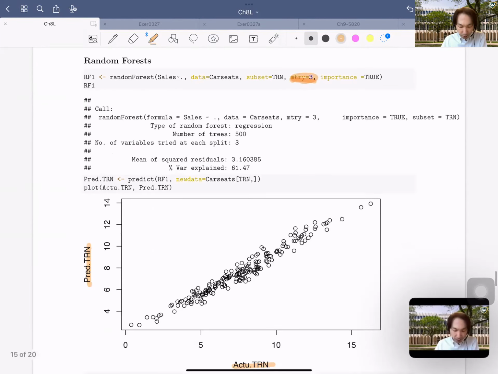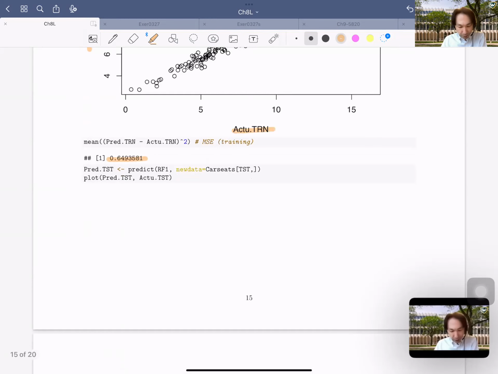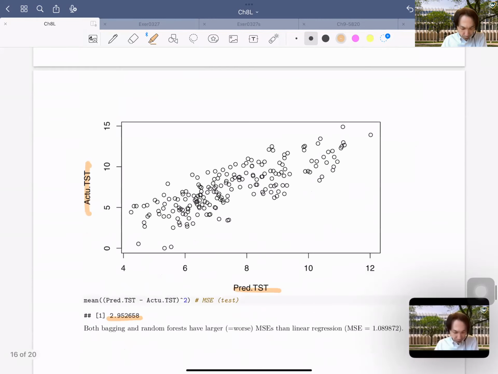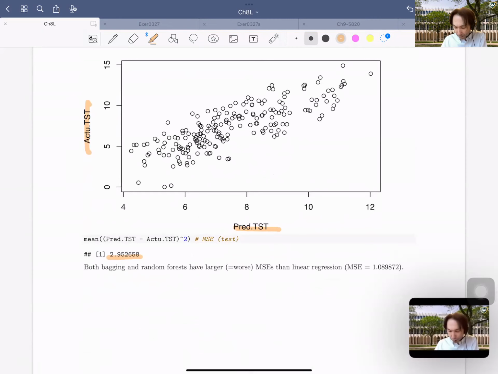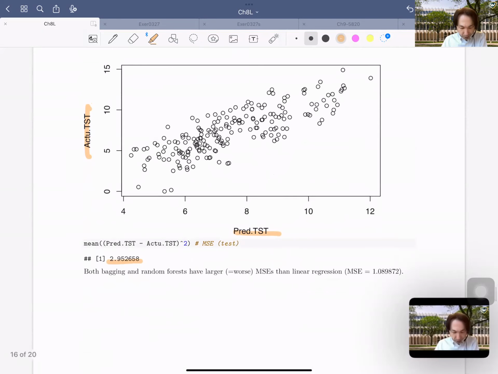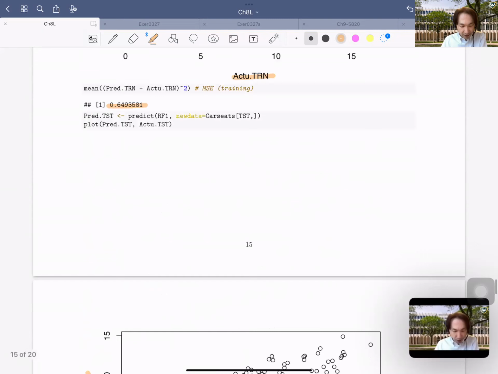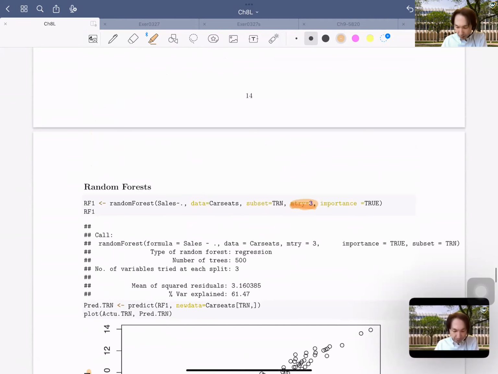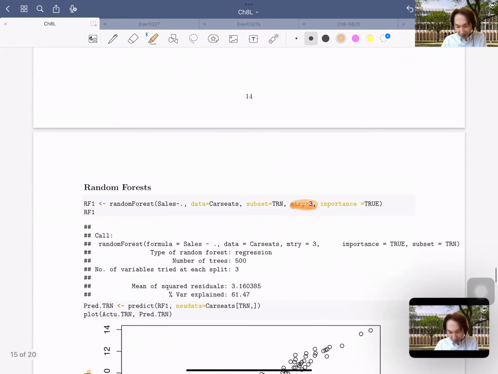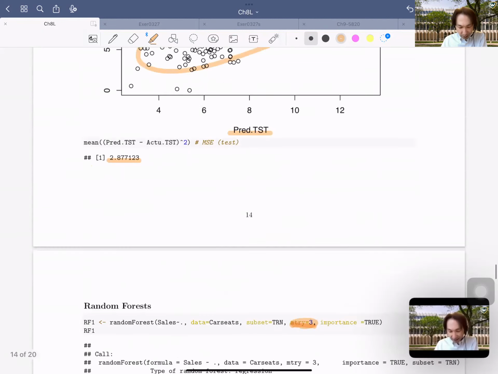It's a typical parameter, but it does not really improve the situation. So probably the true hyperparameter m is closer to 10. The test error is 2.95, which is again much worse than the linear model, and that just depends on this data set. For this data set, the linear model really works well.